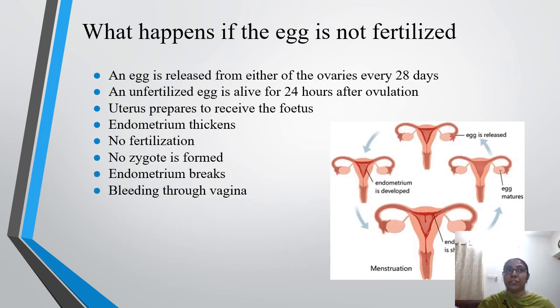So we talked now about fertilization. What will happen if the egg is not fertilized? If an egg is released from either of the ovaries, one month it will be from one ovary, and the next month from the other ovary.